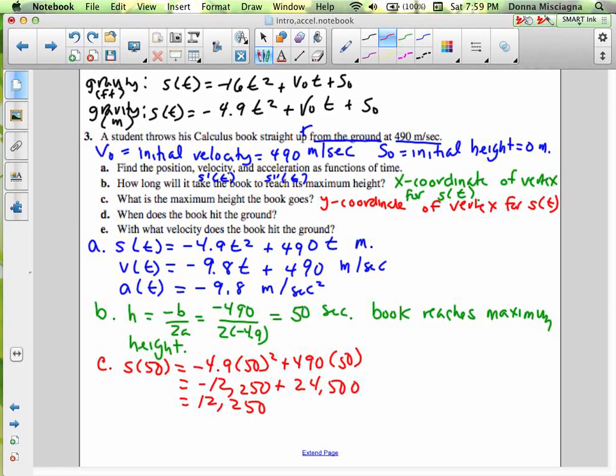That makes perfect sense, that kind of symmetry there based on what we're plugging in. So 12,250 meters is the maximum height.